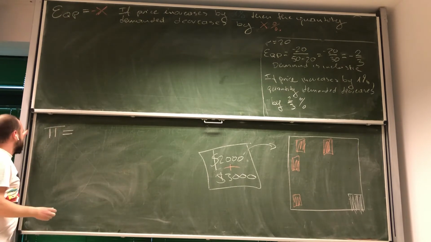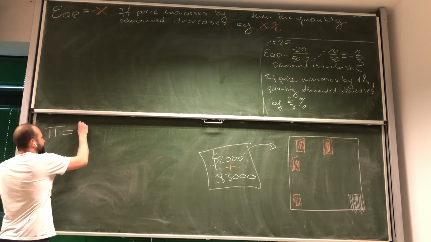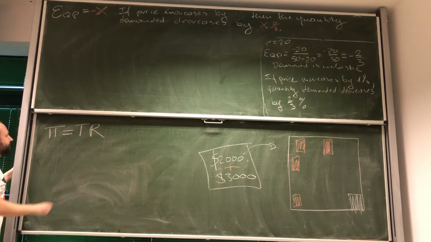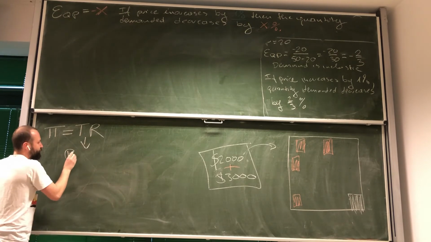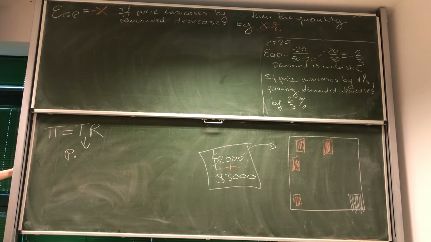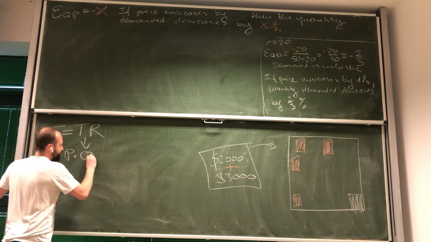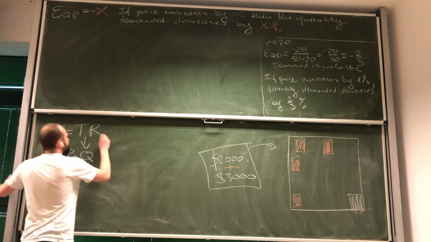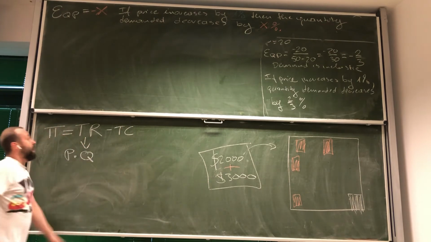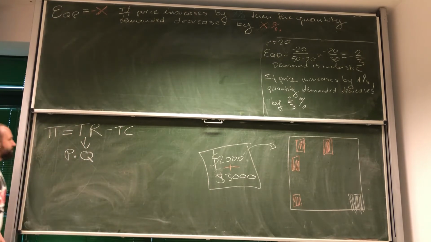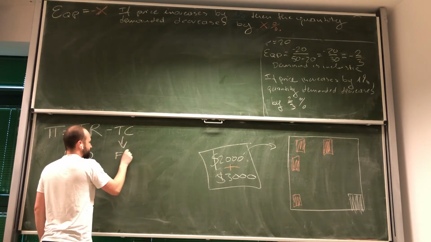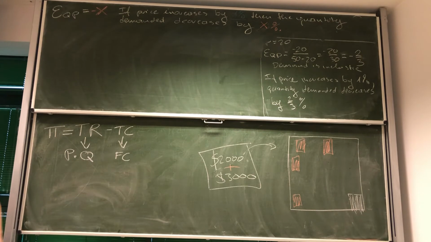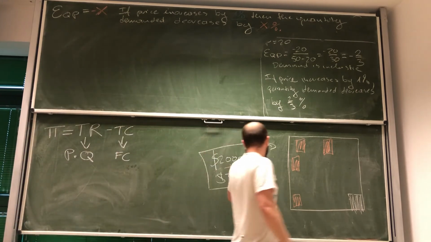You will get total revenue that is given by P, which is the price of, let's say, 1 day spent on a parking lot, times quantity, which is how many cars are currently parking at your parking lot. Then you need to subtract from it total cost. However, in this particular case, your total cost is only a fixed cost, right? So this is a number.